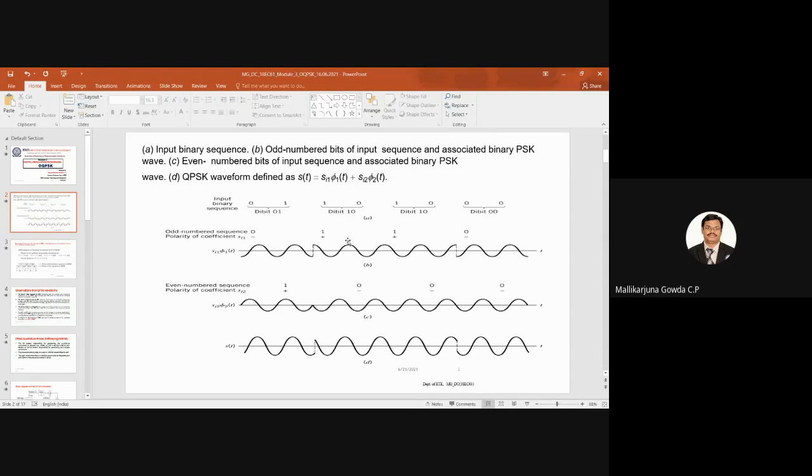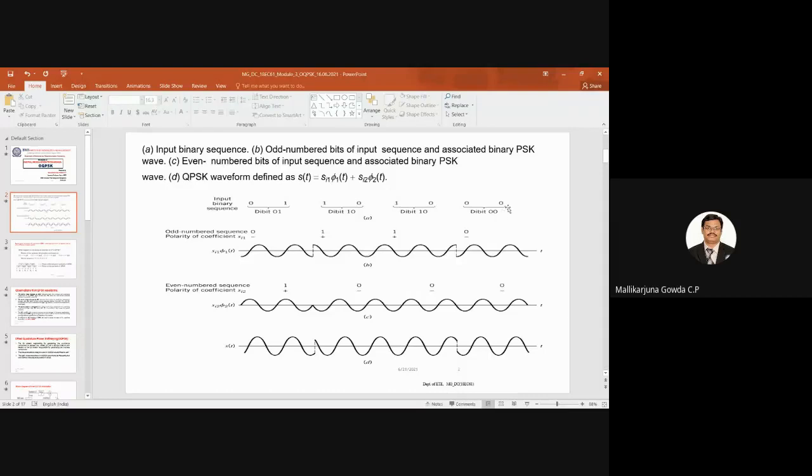The next thing is, see, 0 1 and 0 1, right? Here there is no change in the phase shift of the QPSK signal because it is the same dibit. If it is 0 1, I said it starts with 135, so it continues with 135 for the next dibit also because the dibit has not changed.